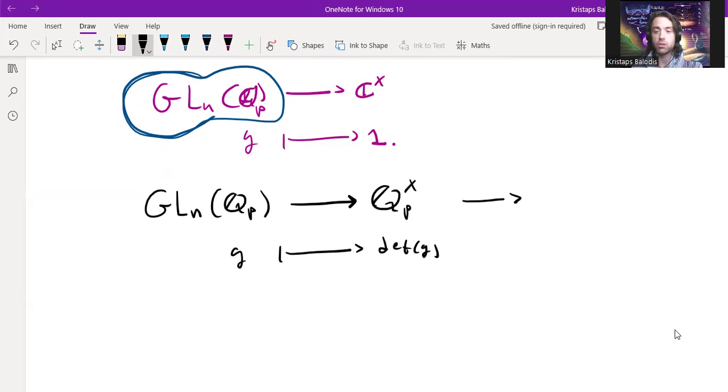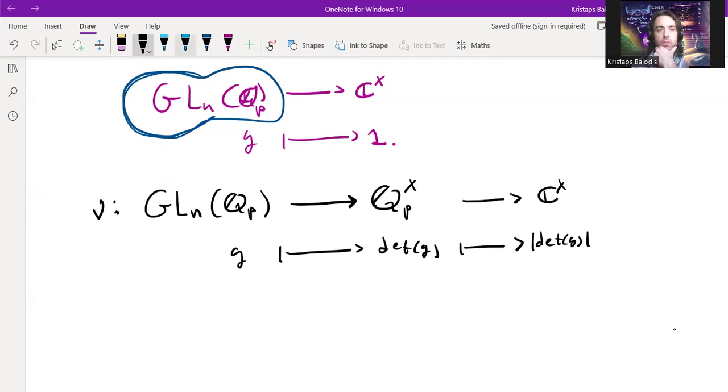We're trying to do complex representation theory. So how would I do that? Well, this is a single p-adic number. I could take my p-adic valuation, right? I'm not going to write the little subscript p because everything here is inherently p-adic. And sometimes we write this character as nu.